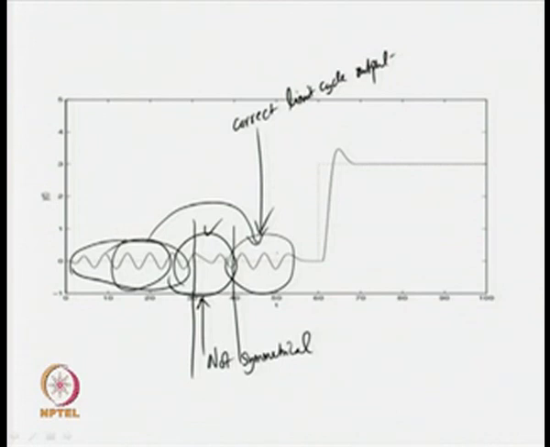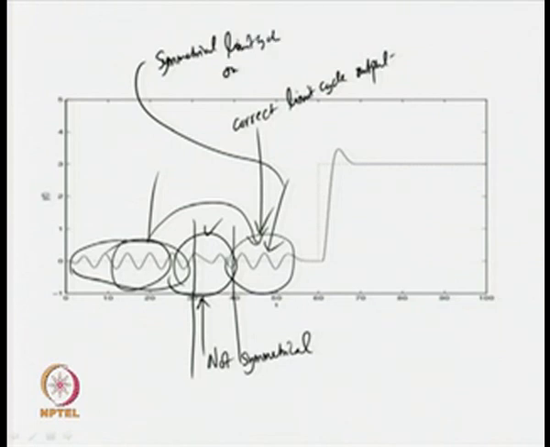Now, the measurement should be made either from here or from here. It does not matter; you have to target symmetrical limit cycle output. So, target symmetrical limit cycle output, consider a few cycles and make measurements from the stable, symmetrical limit cycle output signal.